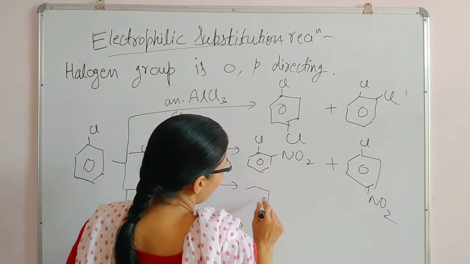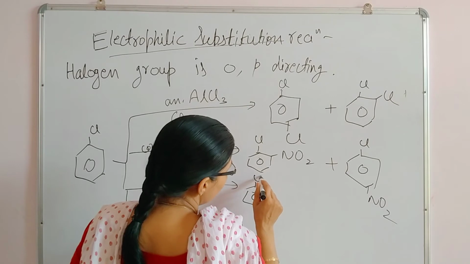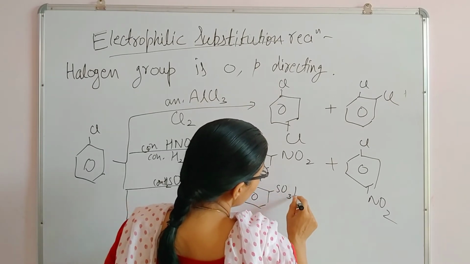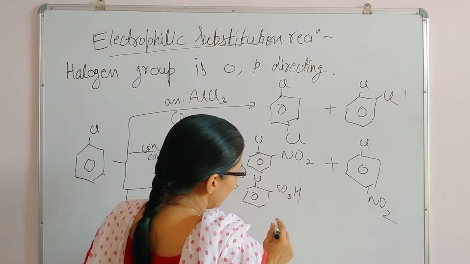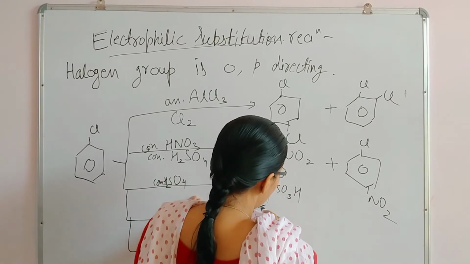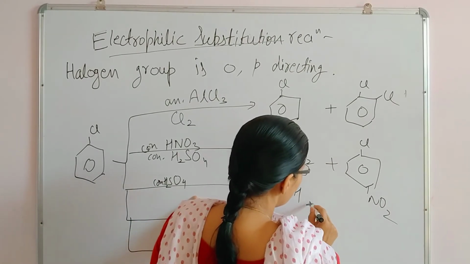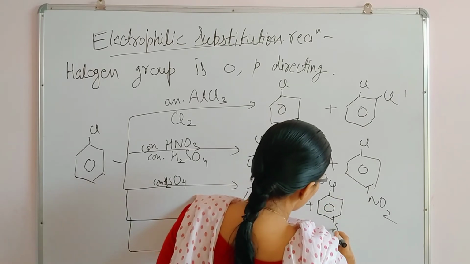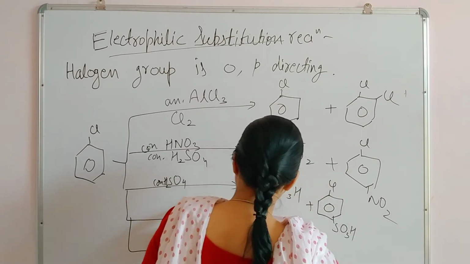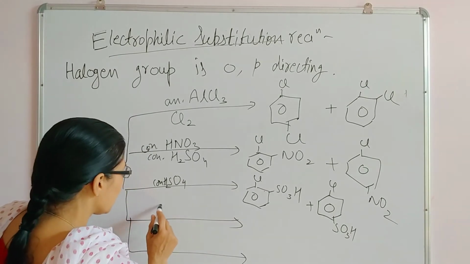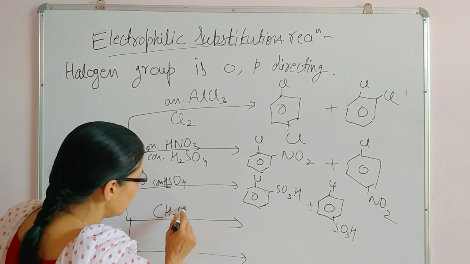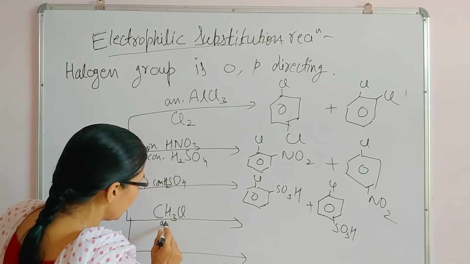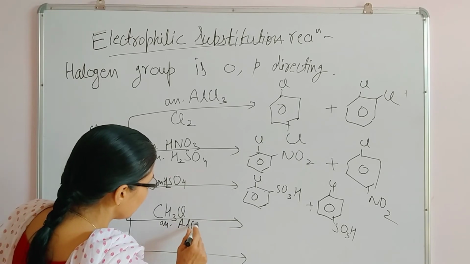Then the compound Cl as it is, SO3H, sulfonic acid, orthochlorosulfonic acid plus para-chlorosulfonic acid. Friedel-Crafts reaction, that is CH3Cl and anhydrous AlCl3.